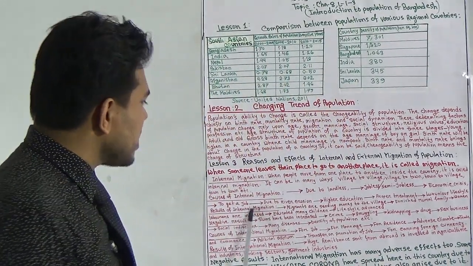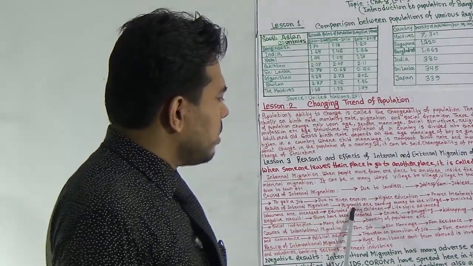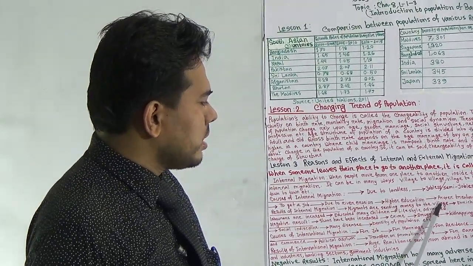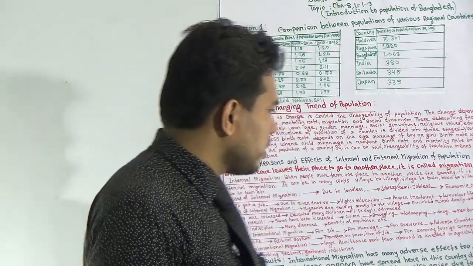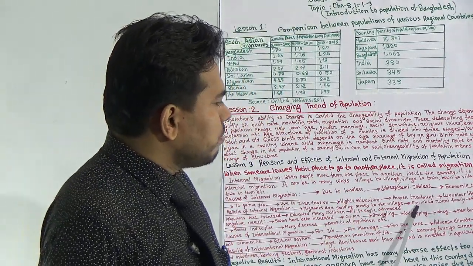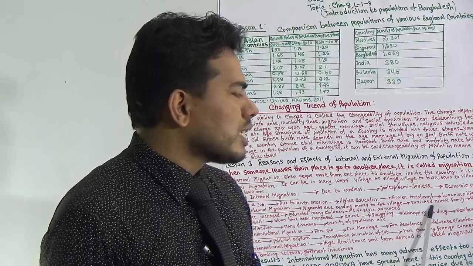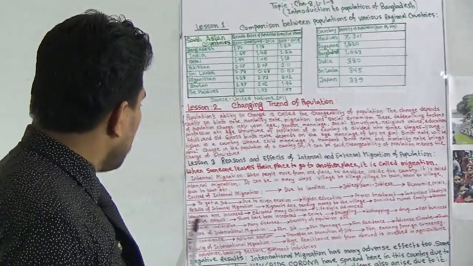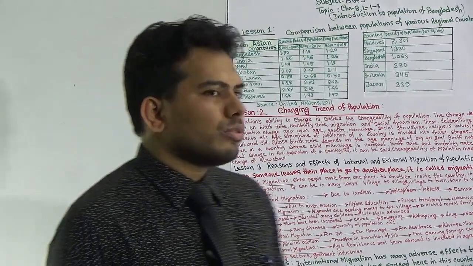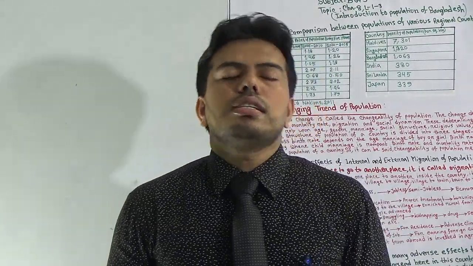Okay, next, results of internal migration. Migrants send money to the village. These are the positive sides. We can see the people who migrate can send a lot of money to their village family. Village or rural families have been enriched due to this migration, and women's labor has increased due to migration.